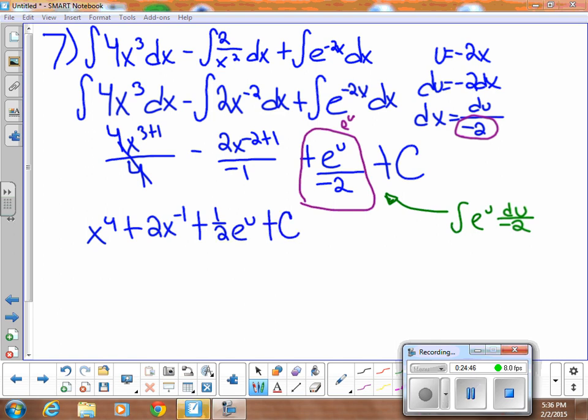And then you can rewrite a little further, that x to the negative 1, you could bring it down, so it's 2 over x. And then on the e, we can replace what u was. So it'd be 1/2 e to the negative 2x plus c. And that's our integration.